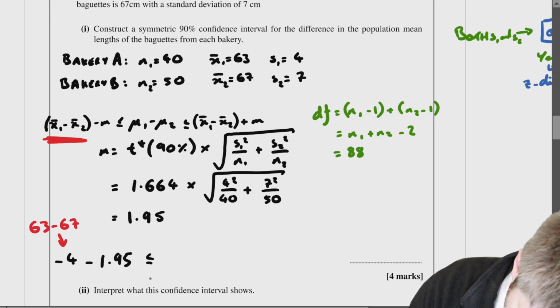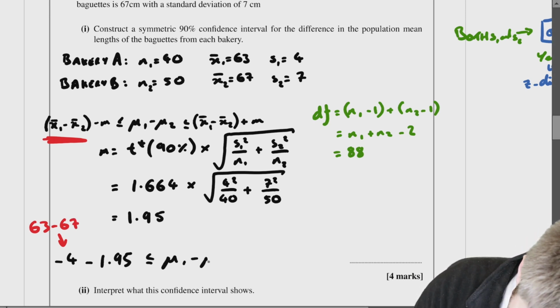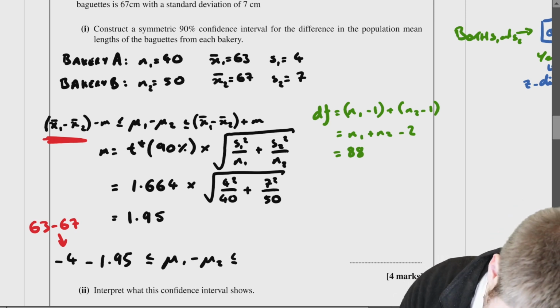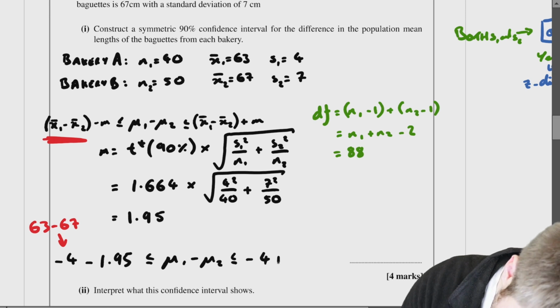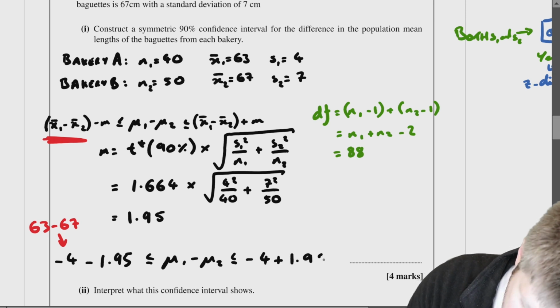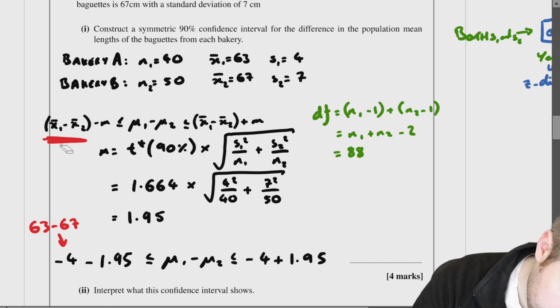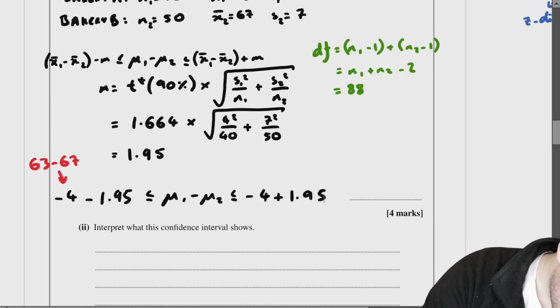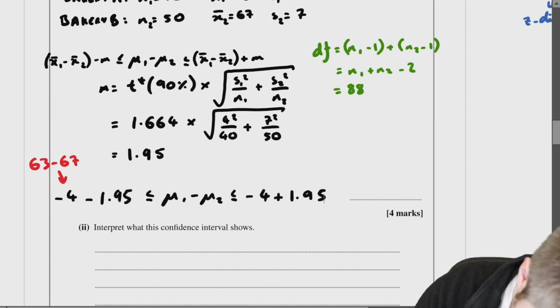So, less than or equal to mu1 take away mu2, less than or equal to. x1 bar take away x2 bar I've just done, it's -4, but this time I'm going to add on my margin of error, 1.95, which I just calculated. So -4 take away 1.95 gives me -5.95.